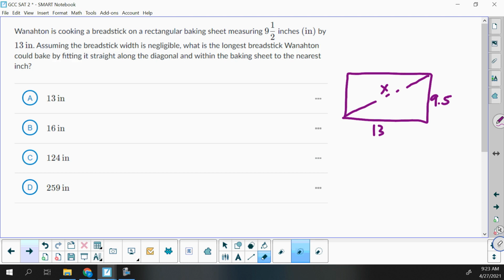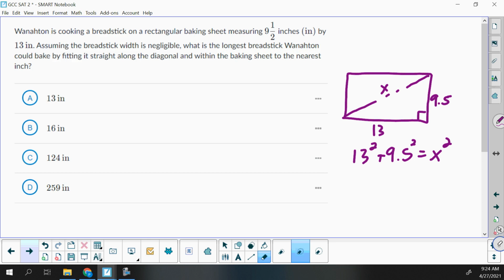So that's what we want to know, X. This is a right angle. So we should be able to set up Pythagorean theorem again. This is going to be very similar to the last one. So take a moment, see if you can go through and solve that. We're rounding to the nearest inch.